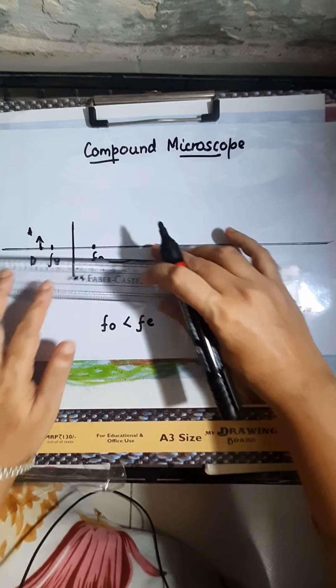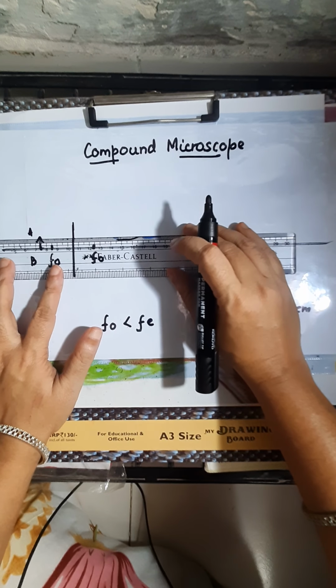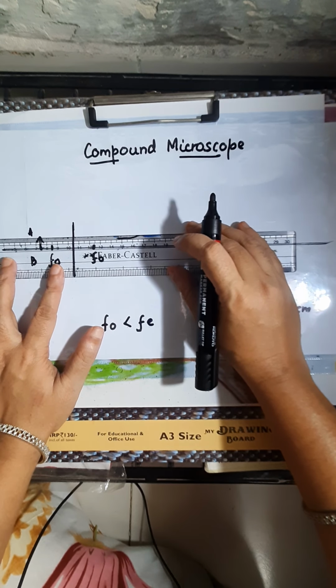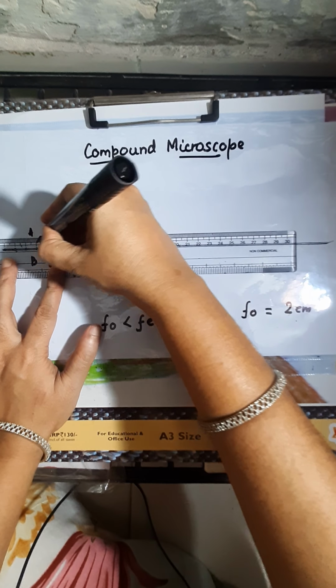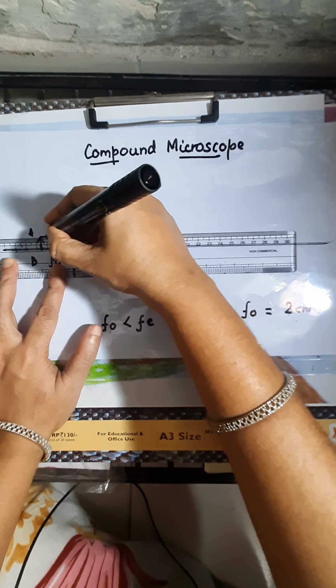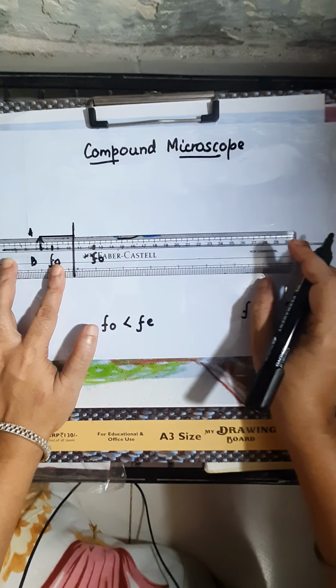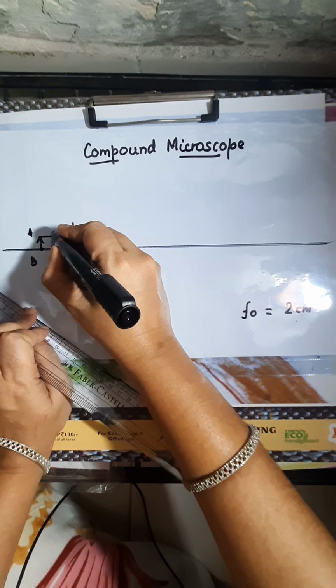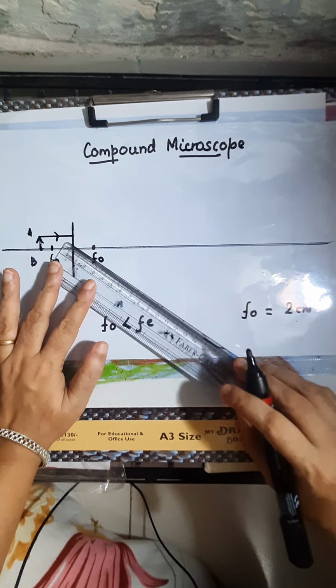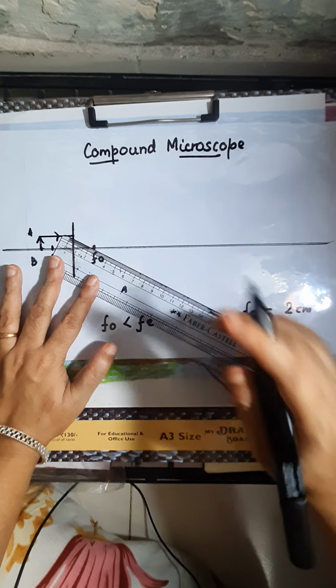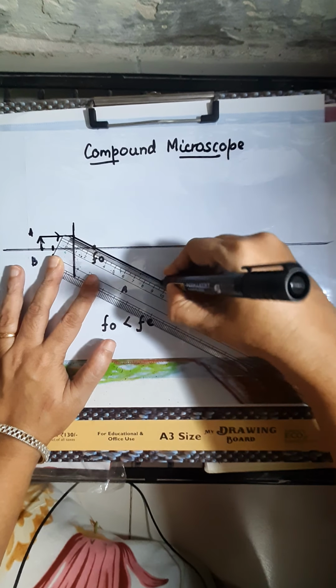Now the first thing you do is you draw a line parallel to the principal axis, and let this line pass through the focus.